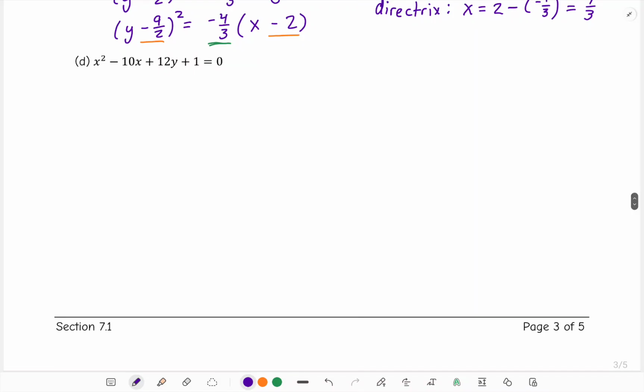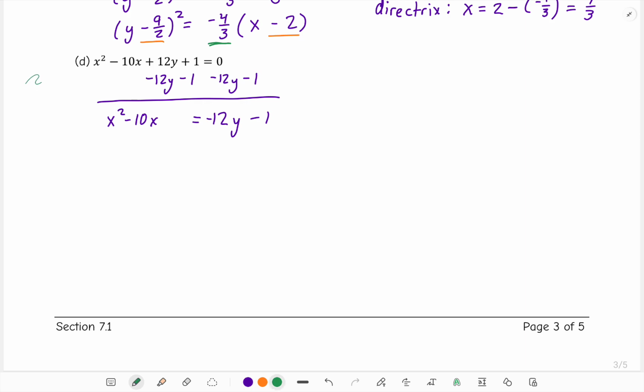Now part D, it's the x values that are squared. So I'm going to subtract 12y and subtract 1 from both sides. Now I don't have to divide by the leading coefficient of the squared term because it's already a 1.